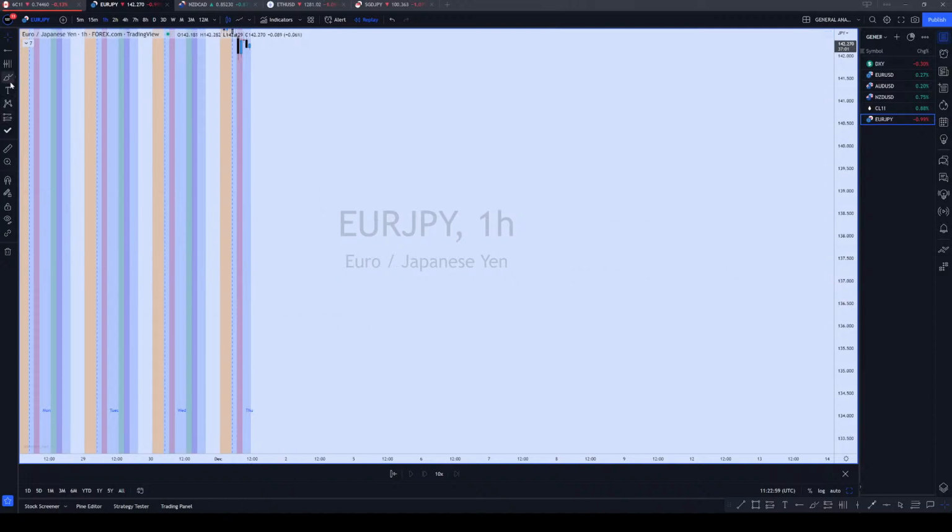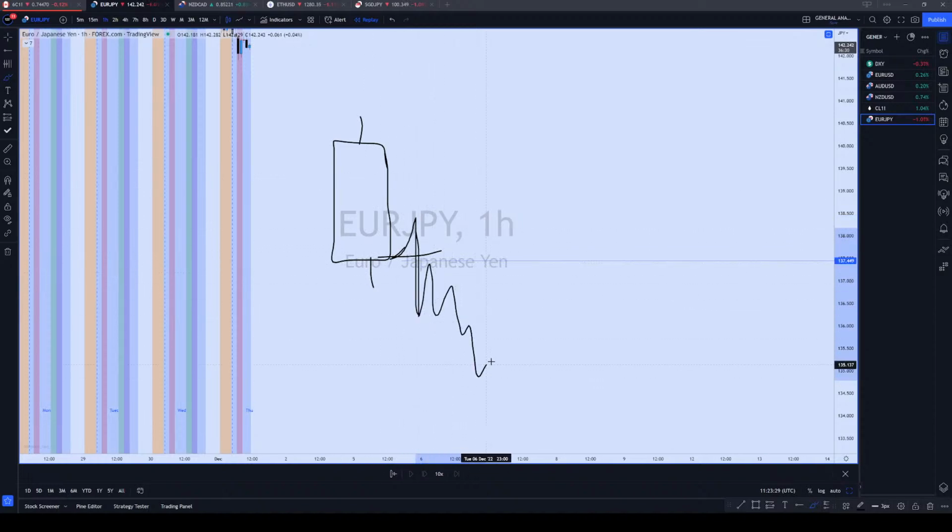So if this is your closing price as an example, and we closed bearish, what I would look for is the market to open, trade up, and then aggressively take out the opening price of that candle, not this one, the next one, and then I can confidently look to sell short.